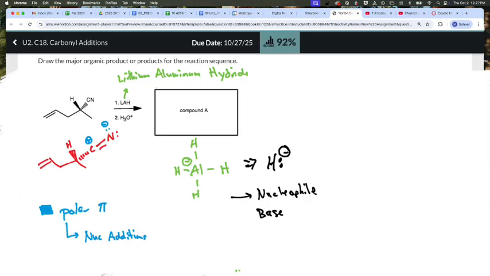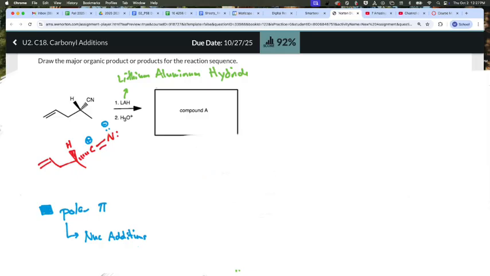Why does this become valuable to us? Lithium aluminum hydride can give up a bunch of H minuses. Where could those H minuses go? To our positive. So if we set up our reaction, our nucleophile can come in and attack. I don't have to show the breaking of the pi bond in that particular structure because I already broke the pi bond.